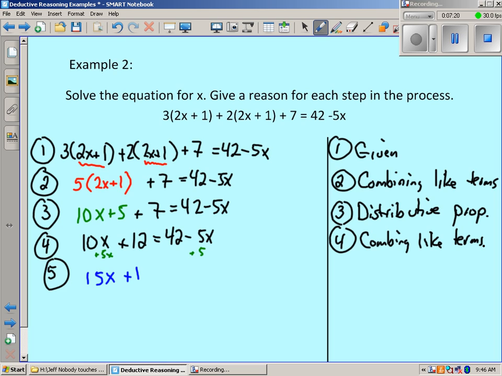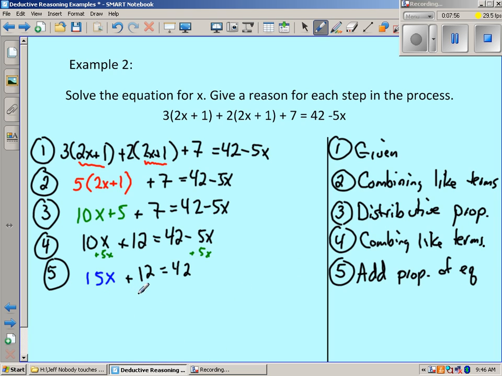Now this is starting to look more like an algebra problem you've seen before. And so what I changed was that by adding 5x to both sides, that was my addition property of equality. And I'm going to write add prop, and that's fine, addition property of equality. And then now, again, an algebra problem, so I'm going to now subtract 12 across the equal sign.